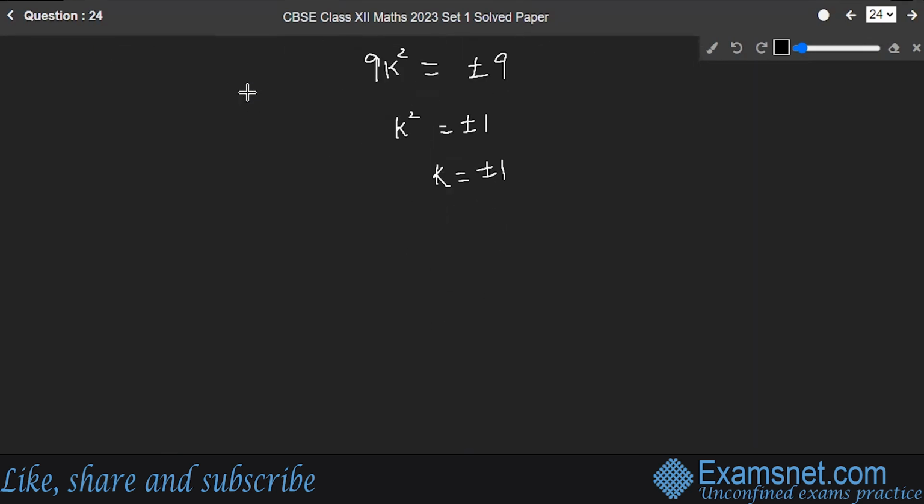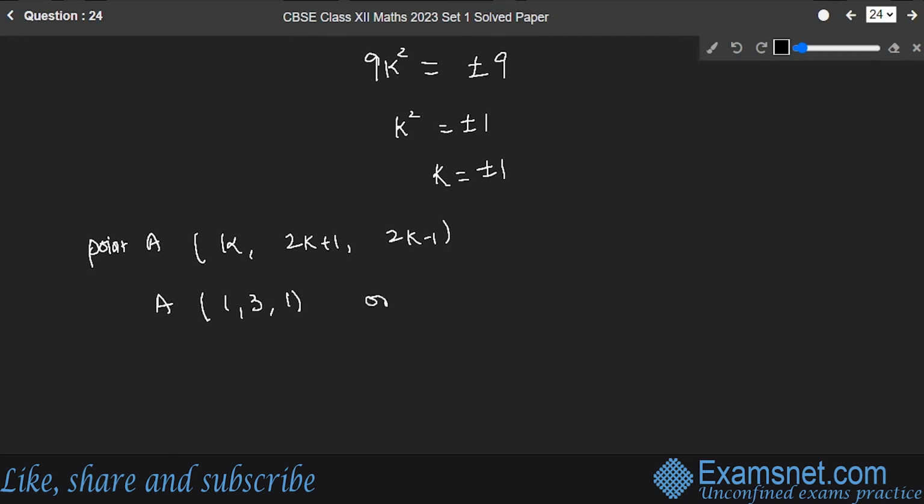Point A can have the value, it was (k, 2k plus 1, 2k minus 1). So A can be (1, 3, 1) or (minus 1, minus 1, minus 3). So these are the two possible answers to the question. That's it. Hope you understood.